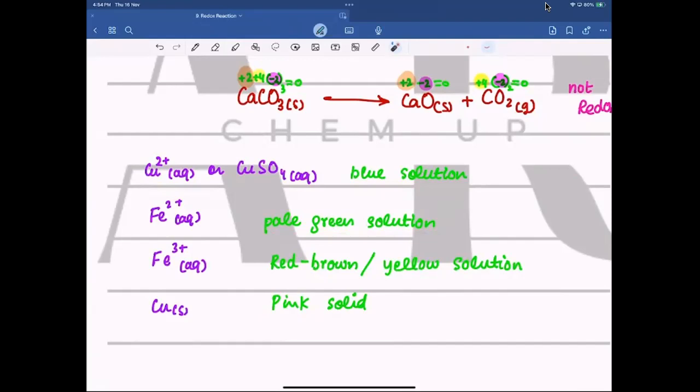Is this clear? Yes. Everybody noted this down? Okay. So today we are ending the class here, and in the next class we'll do the past papers of redox.